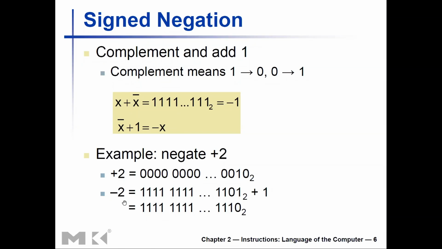Hope it's very clear. If there's any doubt, just let me know. So this number you can verify by applying the calculation we talked about earlier, that it is -2.